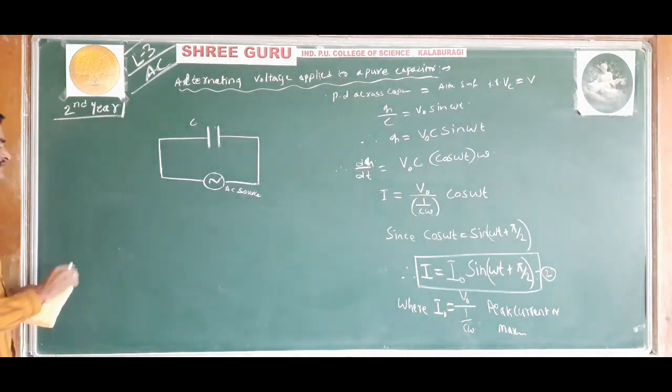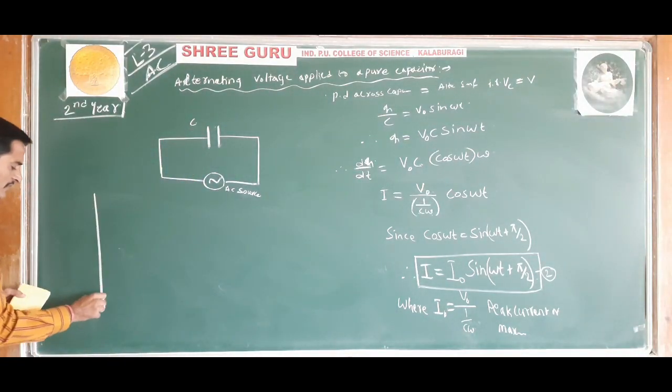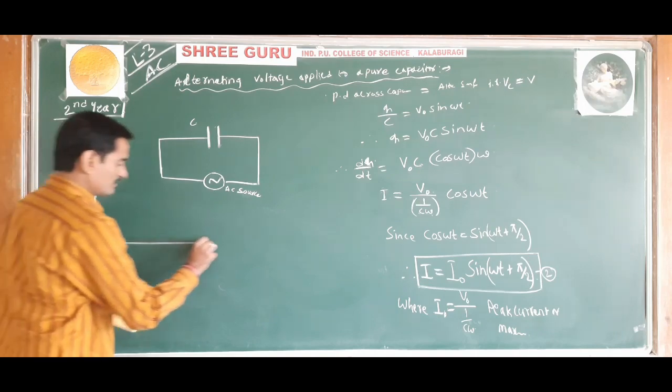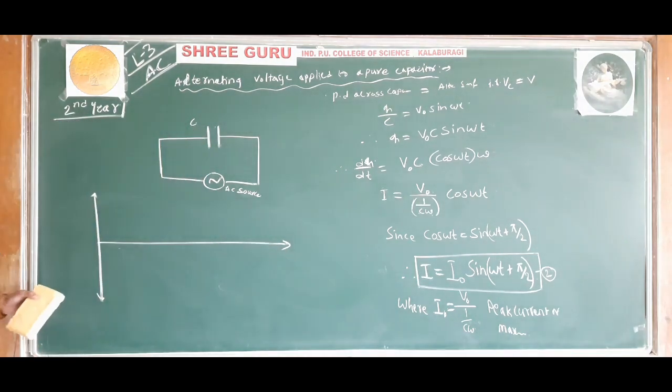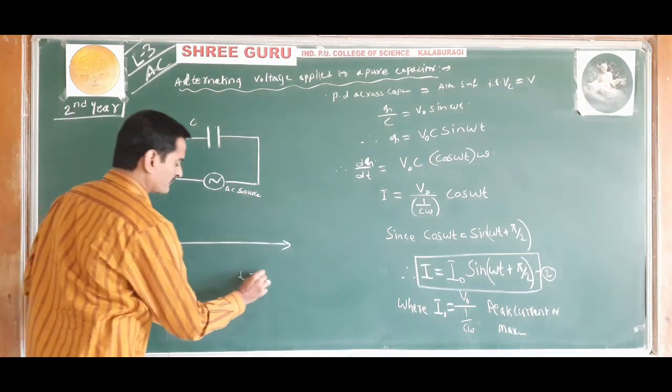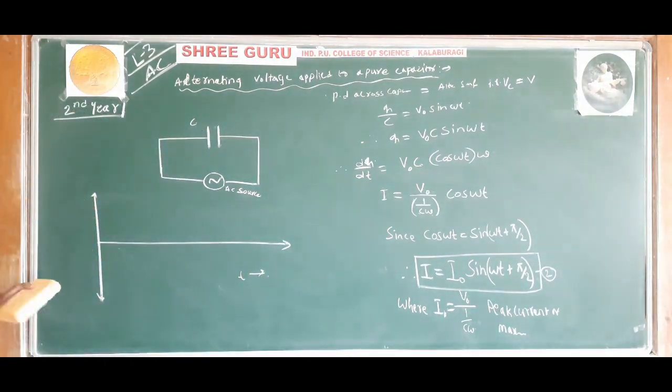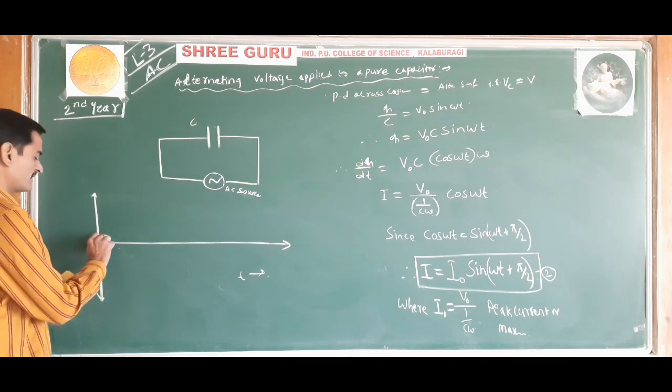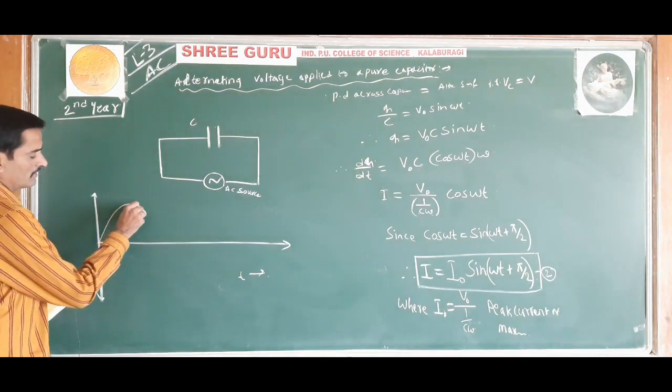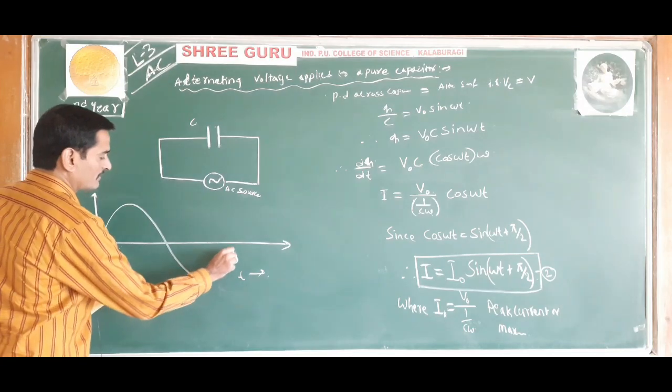The graph of variation of voltage and current is drawn like this, with respect to time. First, the applied voltage will remain the same as in the previous derivations.